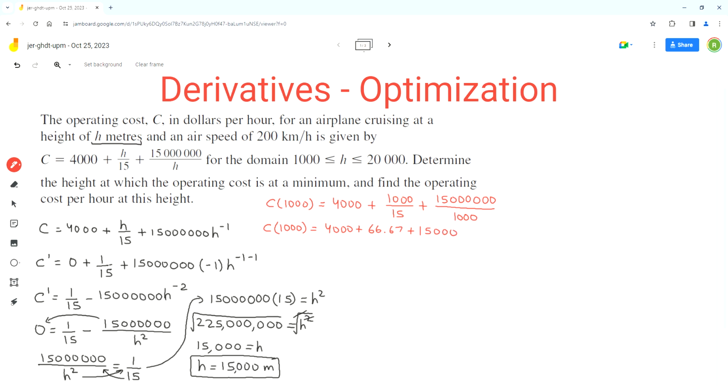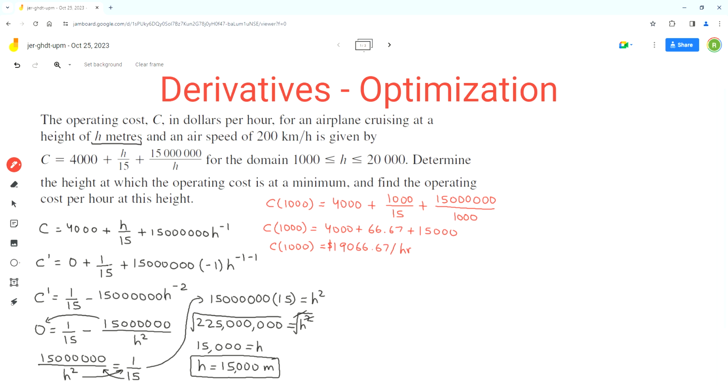So now we can combine these terms. When we add these numbers, we get 19,066.67, and the unit is dollars per hour, because that's the given unit of C.